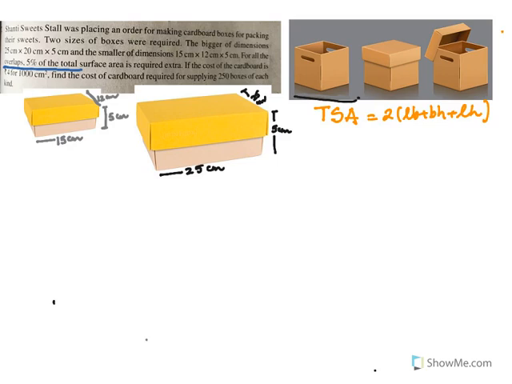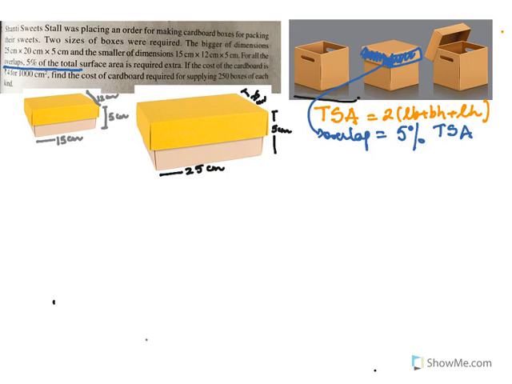Look at the figure, the next figure. Have you seen this little extra? It is double here, for this lid. This is the overlap they're talking about. For this overlap you require extra, that is 5% of the TSA.